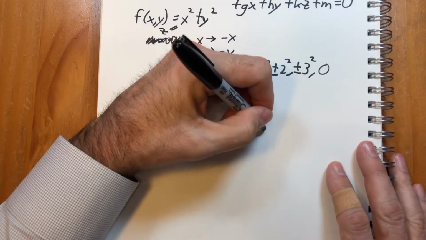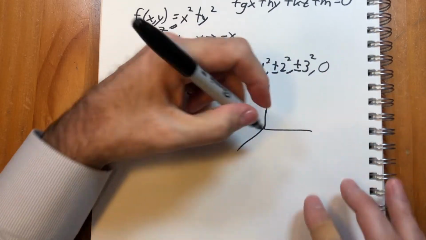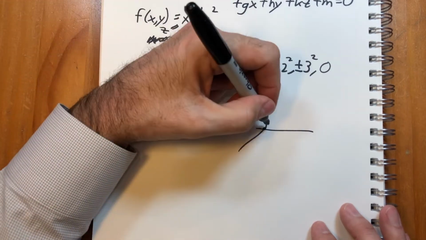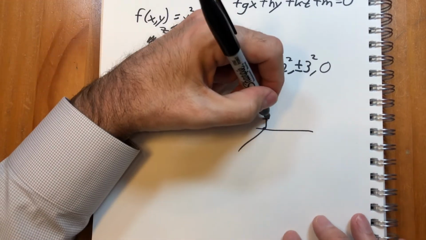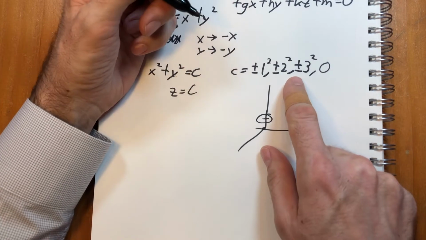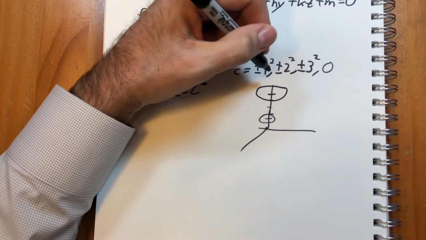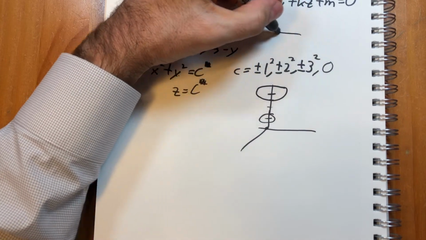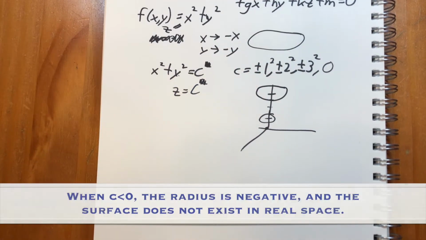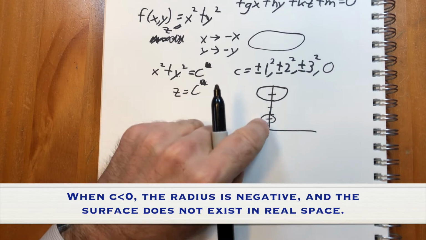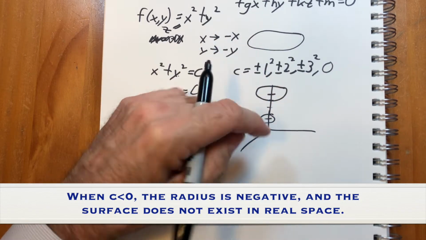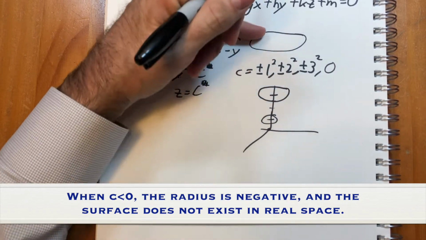So at 0, it's a circle of radius 0. When z equals 1, it's a circle of radius 1. When z equals 4, it's a circle of radius 2. And then when it's way up here at 9, it's a circle of radius 3. So notice that the radius is only increasing by 1, but the space between the circles is increasing.